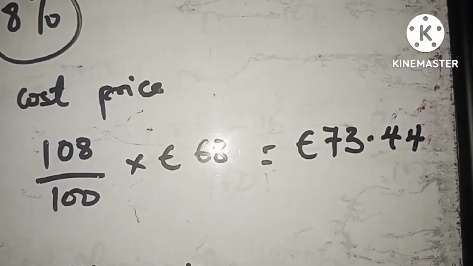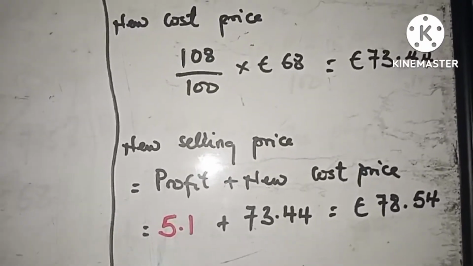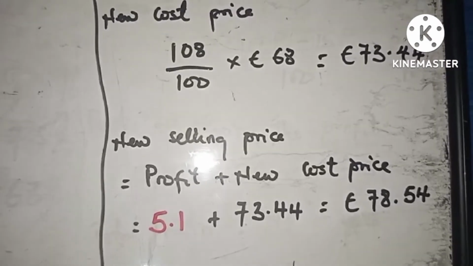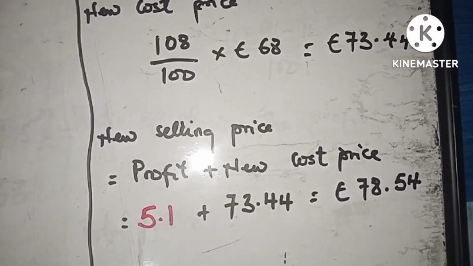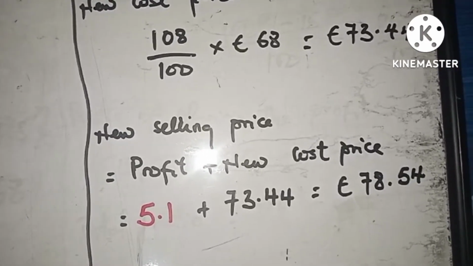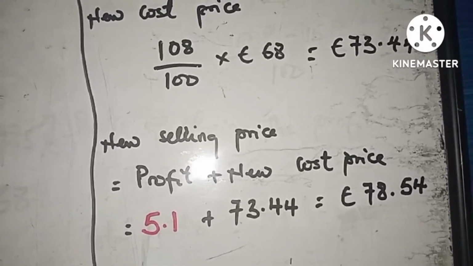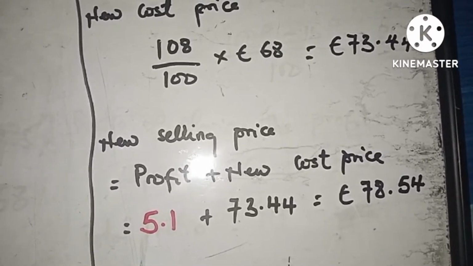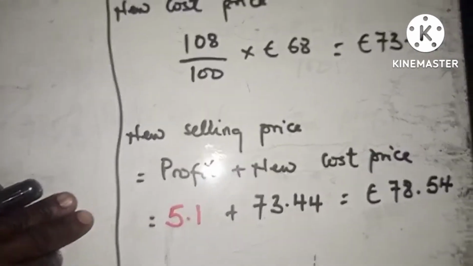Okay, now the next line says by what percentage, correct to two significant figures, must the trader increase the selling price in order to make the same profit. So by what percentage should this trader increase the selling price to make the same profit?